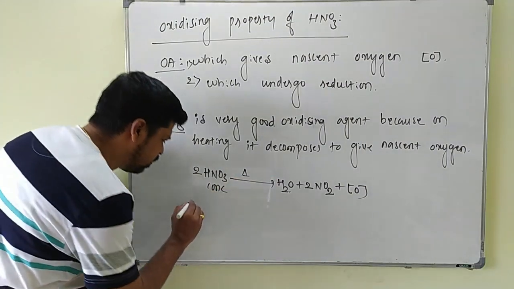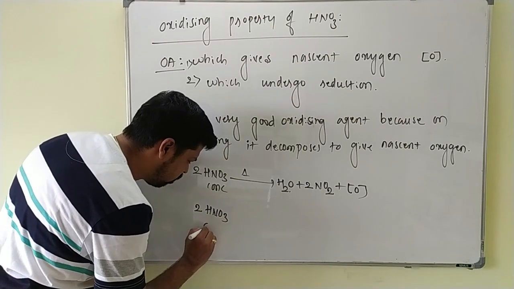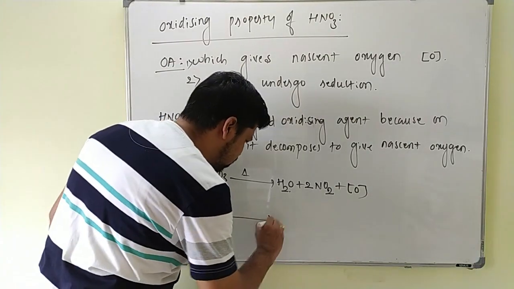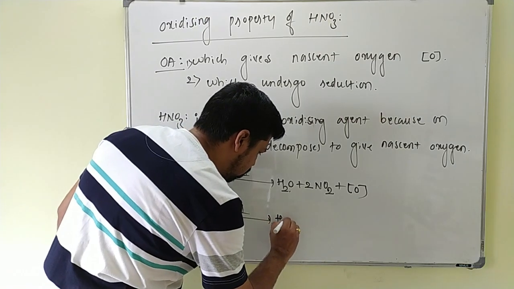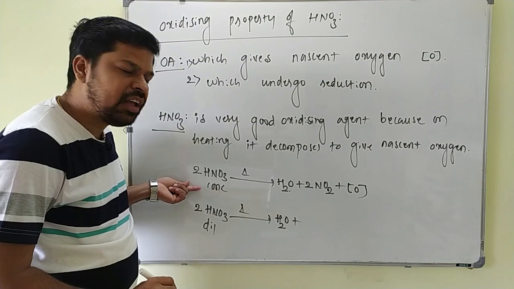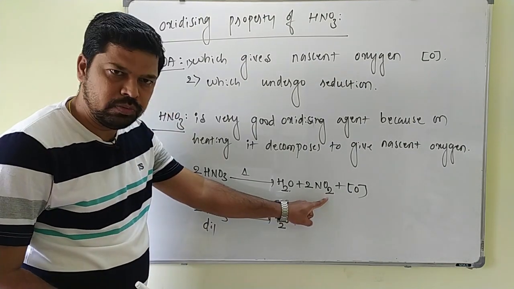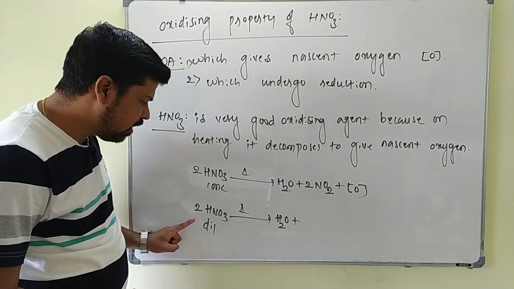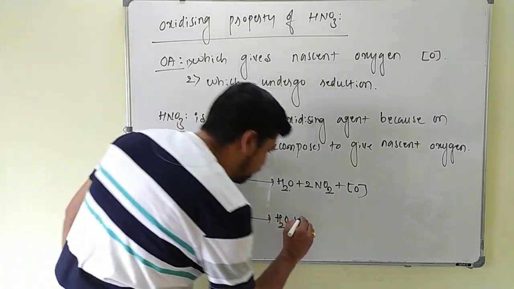If you take a dilute HNO3, I will take 2 times HNO3, the dilute one. Upon heating it again gives 1 water molecule, plus see here, if you take concentrated HNO3 on heating it decomposes to give NO2. If it is a dilute one, it decomposes to give NO. So 2 times NO it will give.